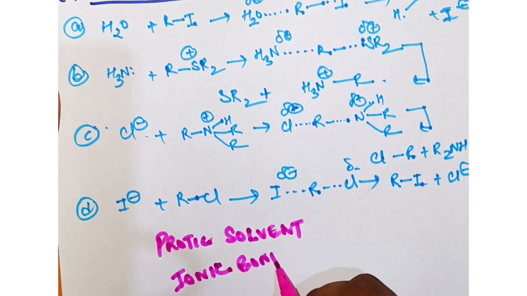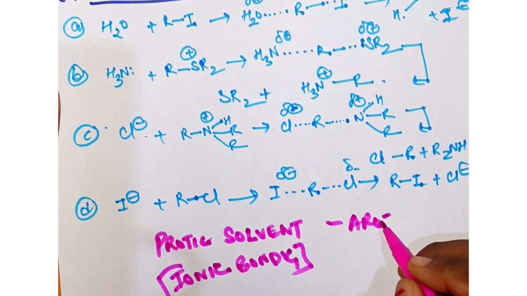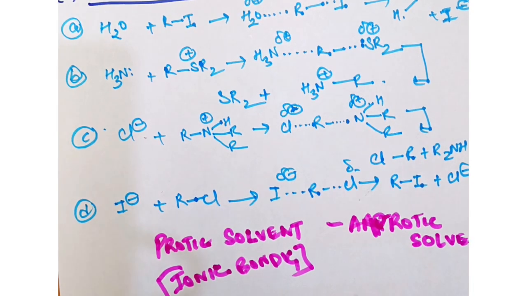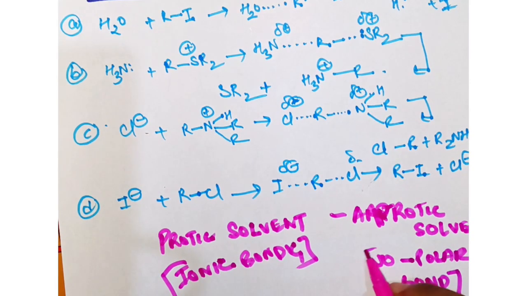Aprotic solvent means there is no polar bond, that means no ionic bonding. Polar bonds create ionic bonding. Like this, the protic solvent is water, and the aprotic solvent is benzene. There are some other solvents also.